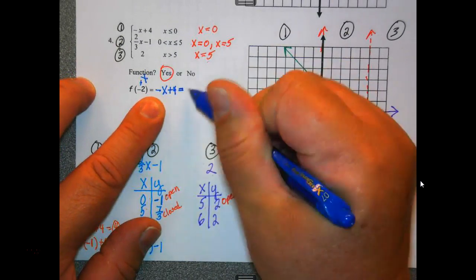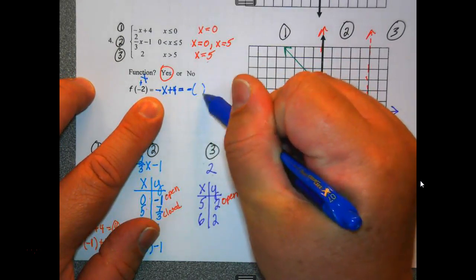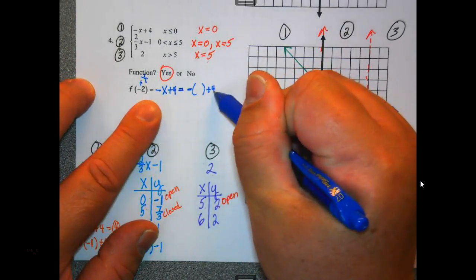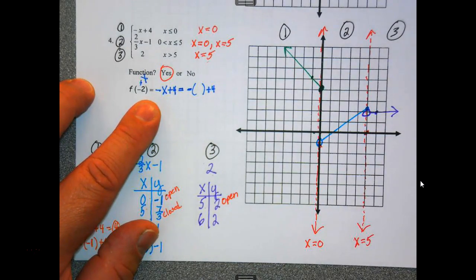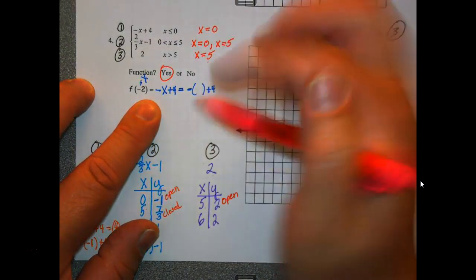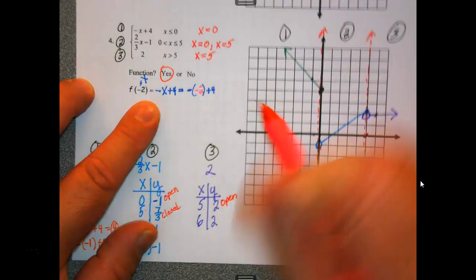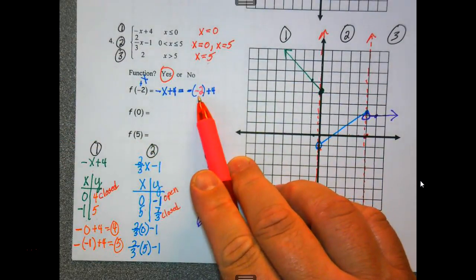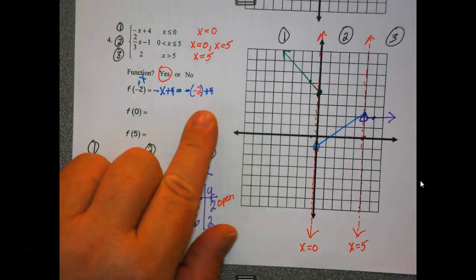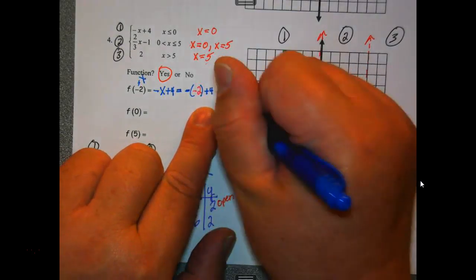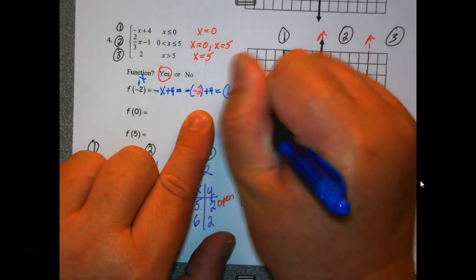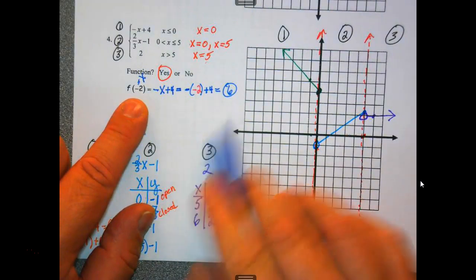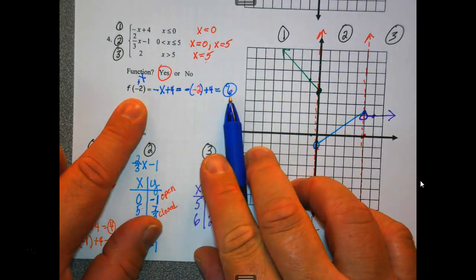So we're going to substitute in -2 for our x. -2 is a +2, plus 4 is +6. So the f of -2, +6.